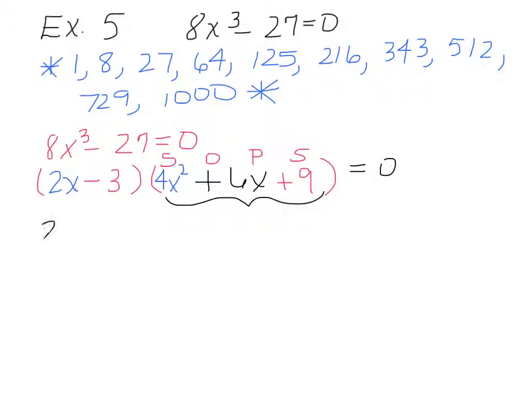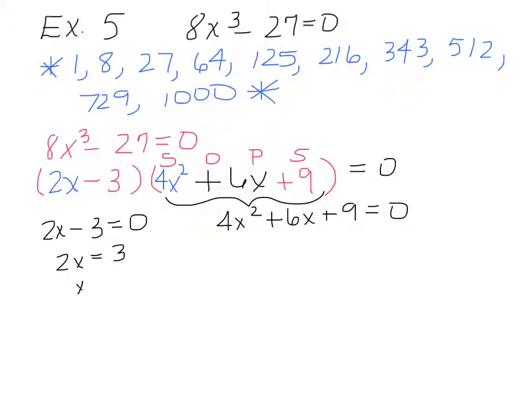So when you set these equal to 0, this one you'll just solve for x regularly. This quadratic you can only do completing the square or quadratic formula. So I'm going to do quadratic formula.